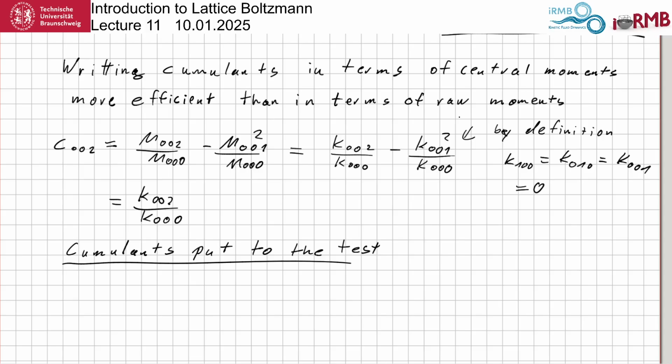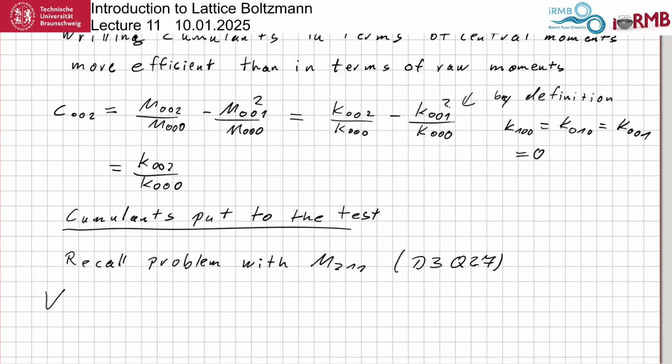So let's recall the problem with the moment M211, which was a problem of D3Q27, you remember? We made the discovery that we would have either overdamping or instability with this.